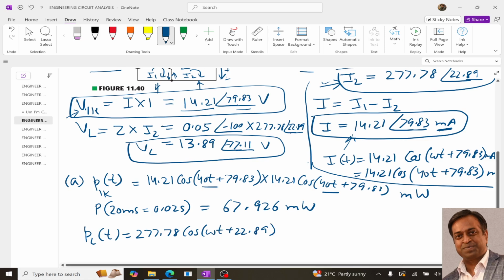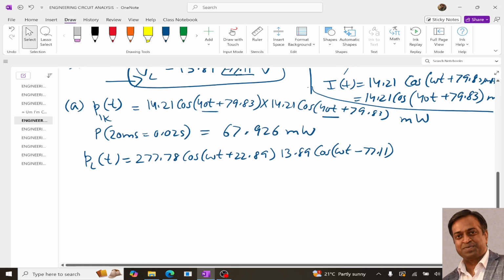Right, and then the voltage is this, so it is 13.89 cos(omega t minus 77.11). Now substituting, this is the instantaneous power and the unit is milliwatt, and substituting again 20 milliseconds, you can substitute this value and you can get the answer.